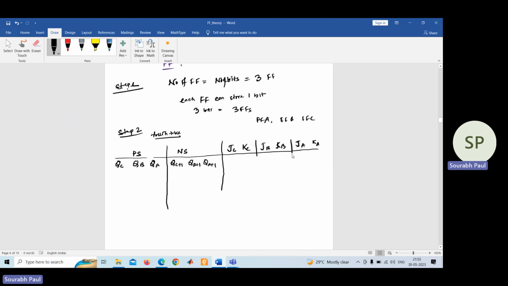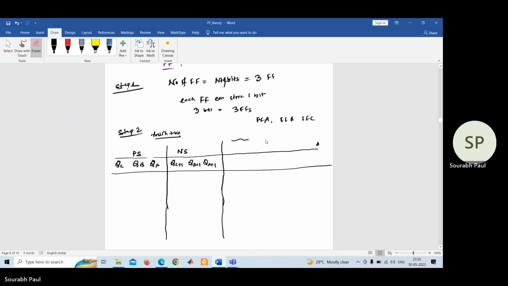So these six things you need to determine from the truth table. So how to do that? We can write here JC, KC, JB, KB, and JA, KA. Now how to do that?